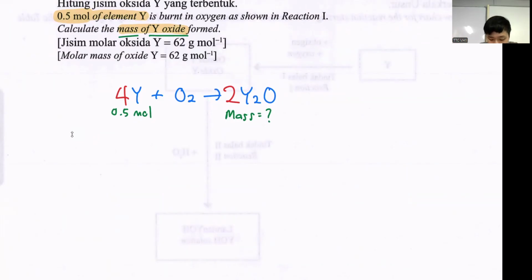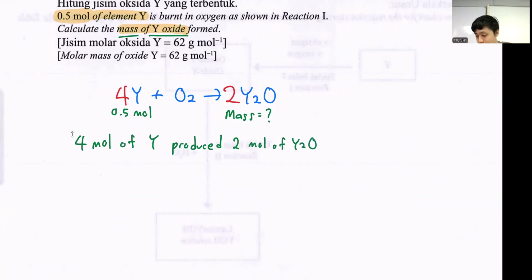So I can straight away say 4 mole of Y produced 2 mole of Y2O. I write the full sentence in this case, since the answer scheme shows the full sentence.